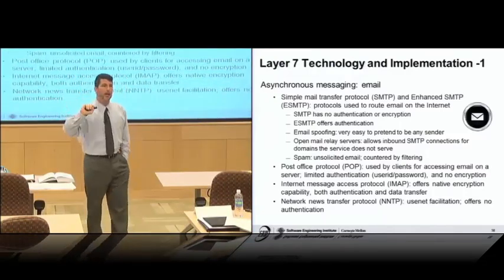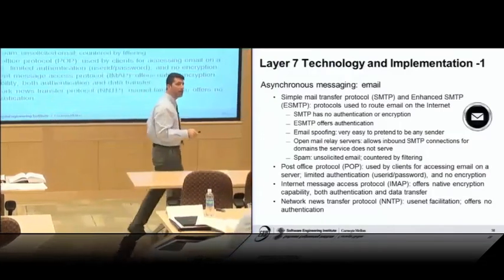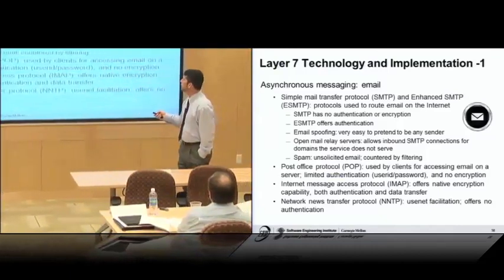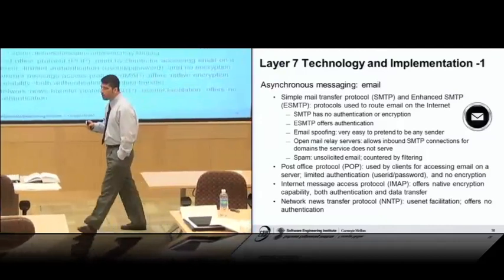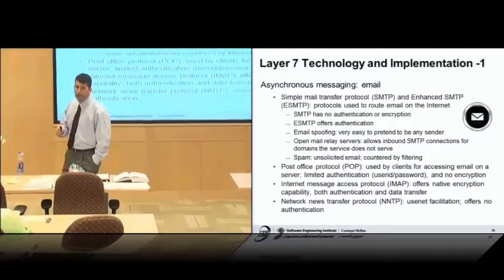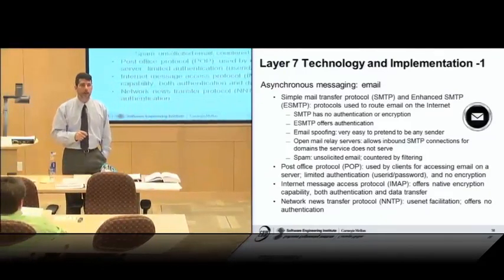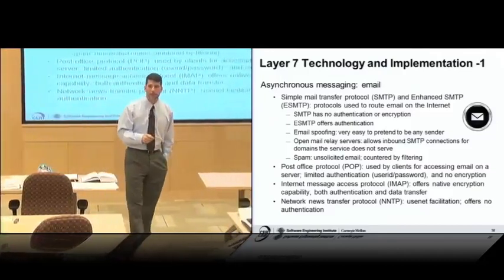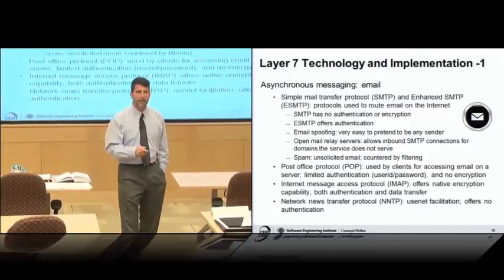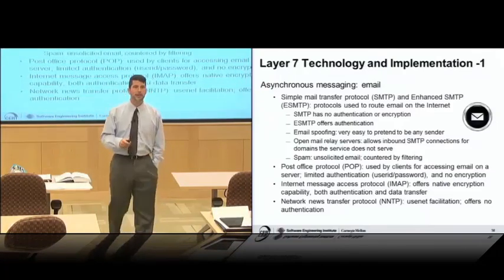I have not. SMTP doesn't have authentication or encryption built into it, but ESMTP does. Is it easy to spoof an email address? Oh, heck yes. A lot of email providers allow you to do it, I think, as part of their service.